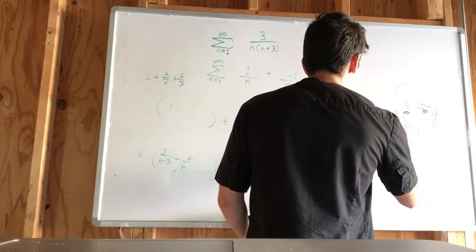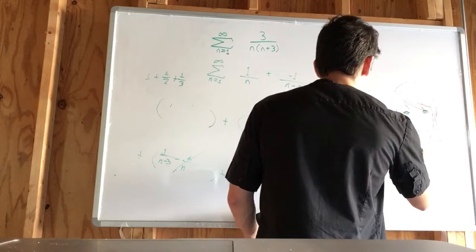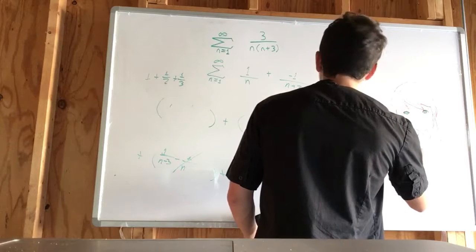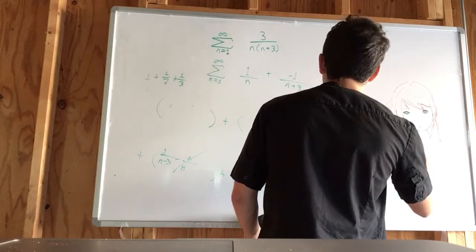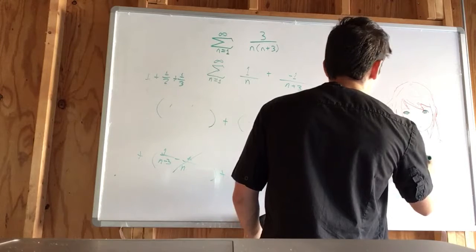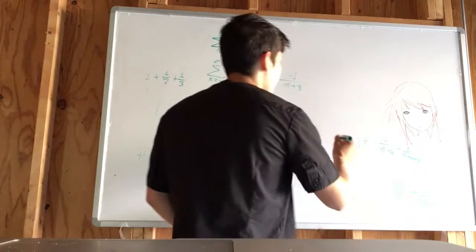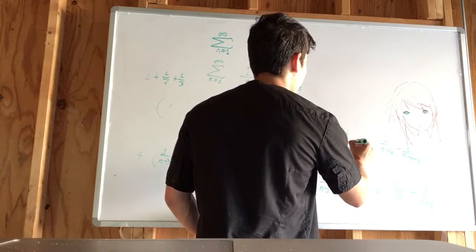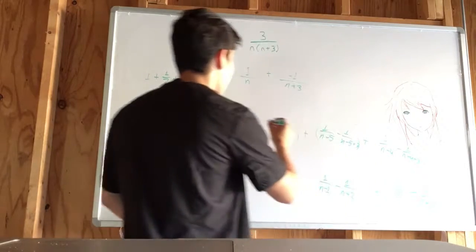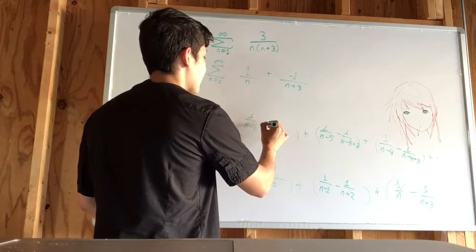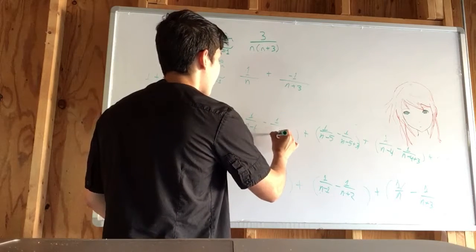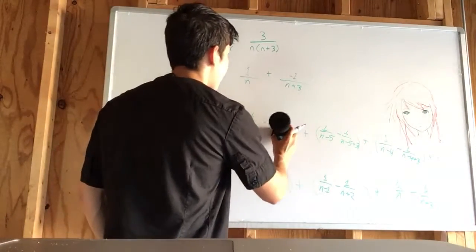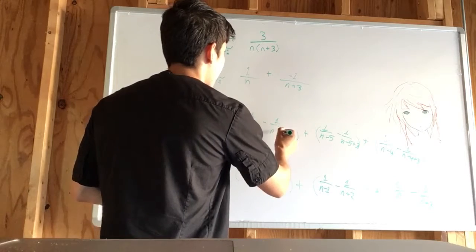So this would be if we had plugged in n minus 4, and we get minus 1 over n minus 4 plus 3. This would be 1 over n minus 5 minus 1 over n minus 5 plus 3. 1 over n minus 6 minus 1 over n minus 6 plus 3. So this would give us n minus 3. N minus 3.